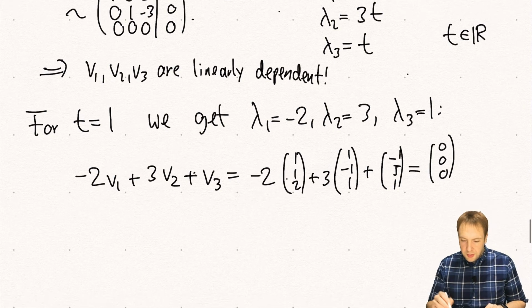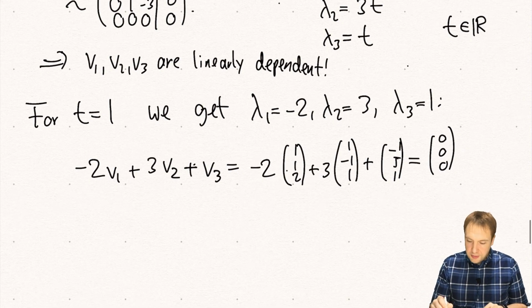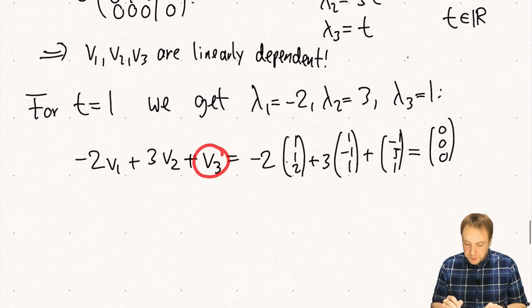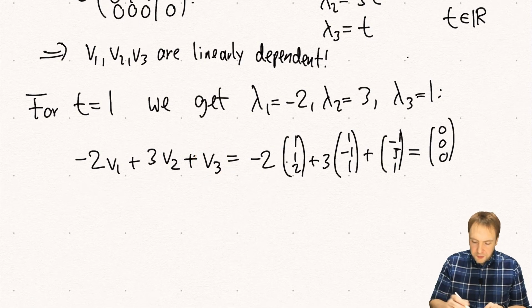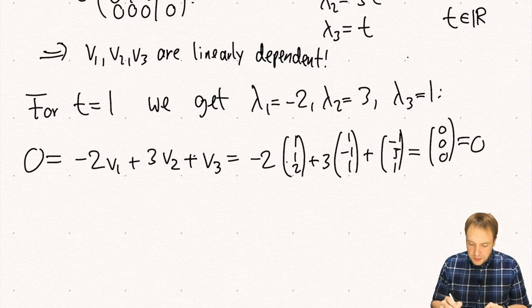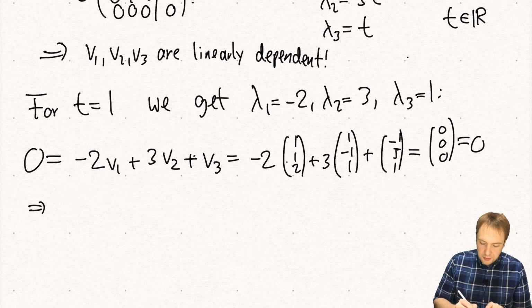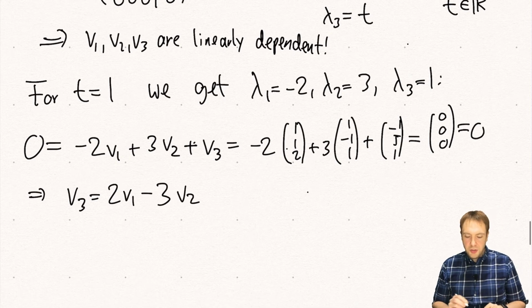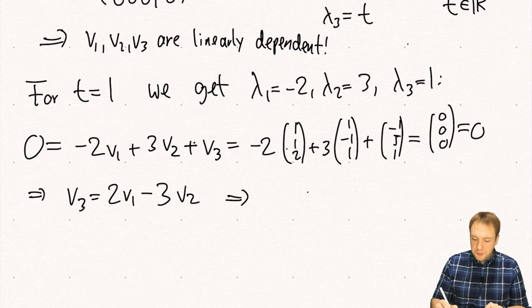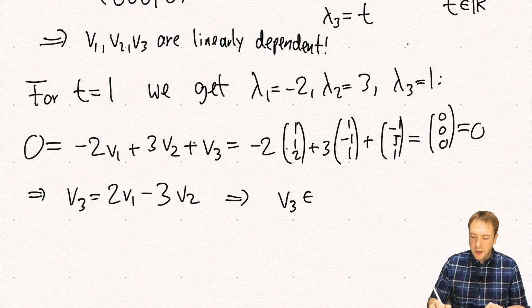Okay, and in particular we see that because everything here is 0, this v3, for example, can be written as 2 times v1 minus 3 times v2. So in other words, this v3 is in the span of these two vectors.